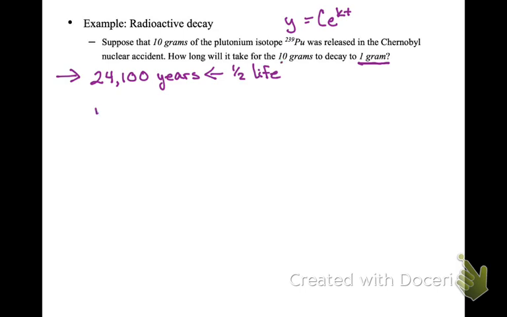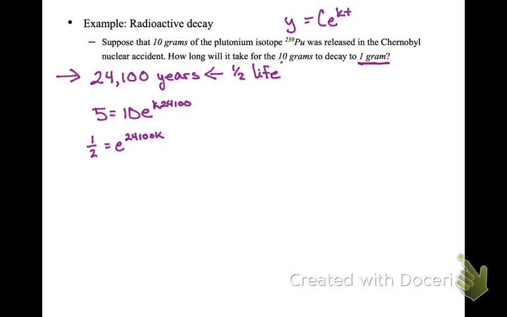So, what's half of 10? 5. So we know that 5 equals 10 e to the k times 24,100. So I need to solve that for k. So again, if I would have thought about it, 5 divided by 10 is what? 1/2. So 1/2 equals e to the 24,100 k.